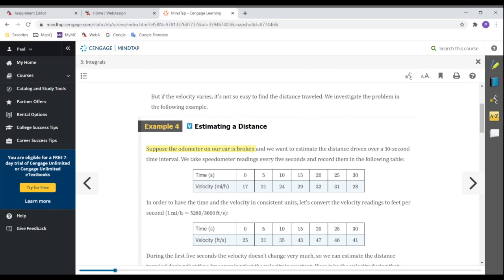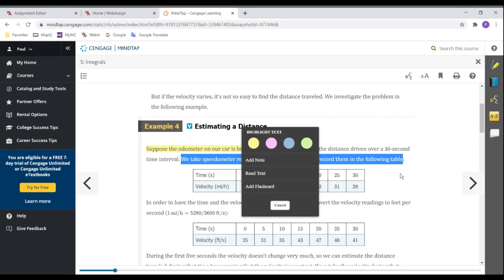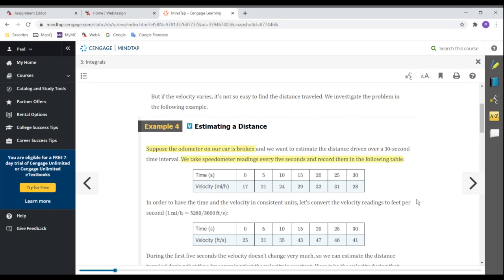Suppose you take speedometer readings every 5 seconds and record them in the following table, which gives you the velocity. At time equals 0 seconds, the velocity is 17 miles per hour. When the time is 5 seconds, the velocity is 21 miles per hour.